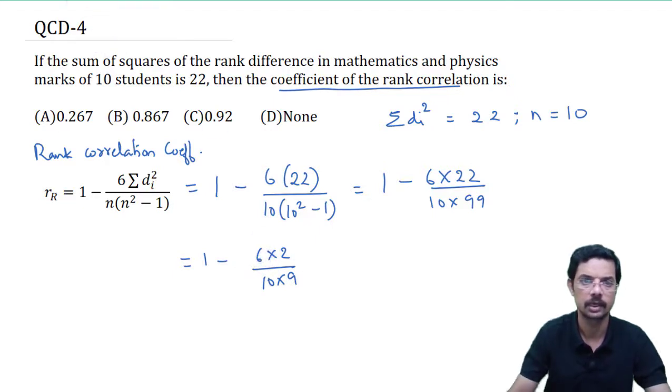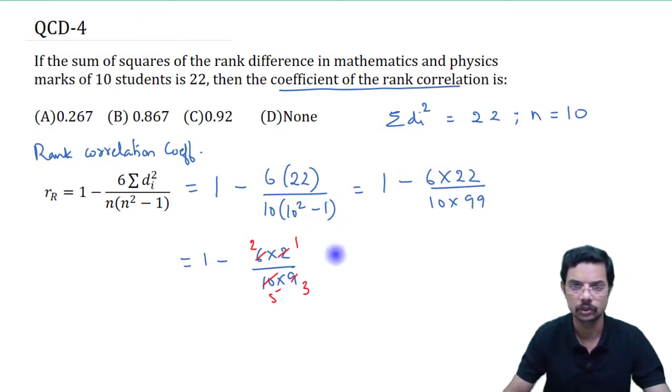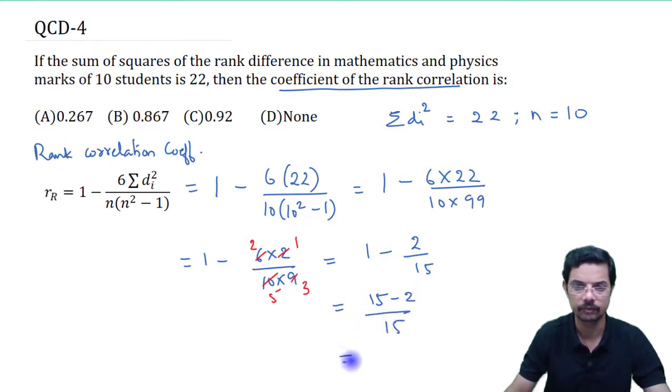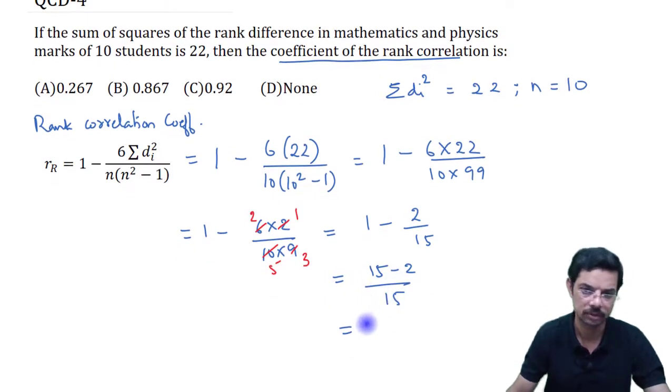Using a different color, this can be cut as 3 2s are 6, 3 3s are 9. Then further, 2 1s are 2, 5s are 10. So the result will be 1 minus 2 divided by 15, so finally 15 minus 2 divided by 15. 15 minus 2 is 13, so 13 by 15.